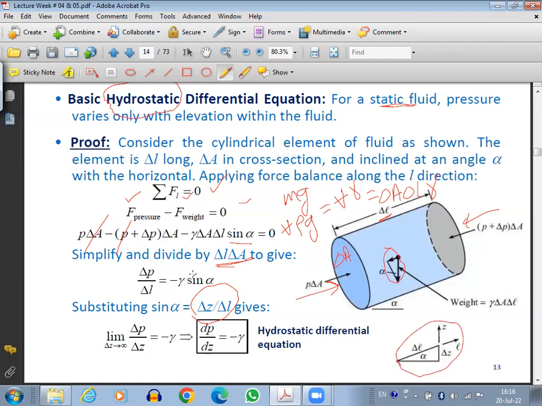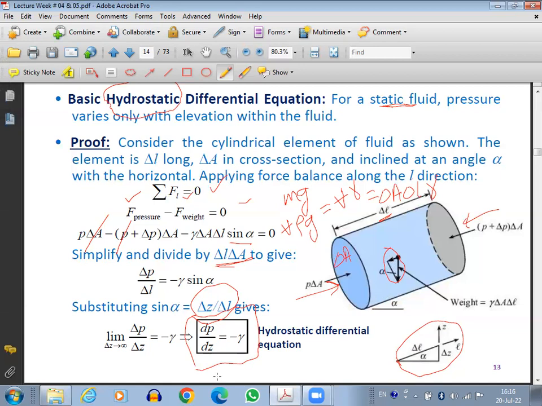So if I just substitute the value of sine alpha here, the general equation which I get is dP by dZ equals negative gamma. This is the basic hydrostatic differential equation.